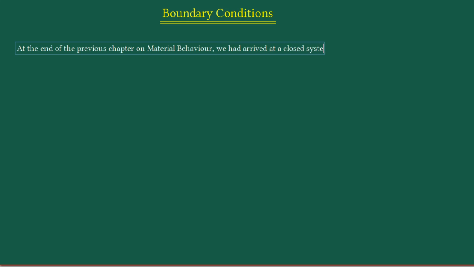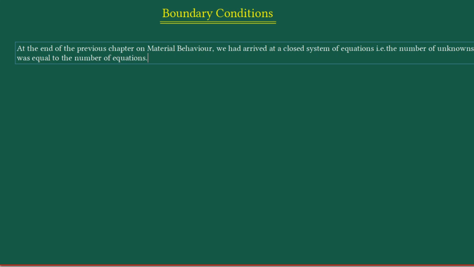So the first important point that we have to note is that at the end of the previous chapter on material behavior, we had arrived at a closed system of equations, meaning that the number of unknowns and the number of equations matched.